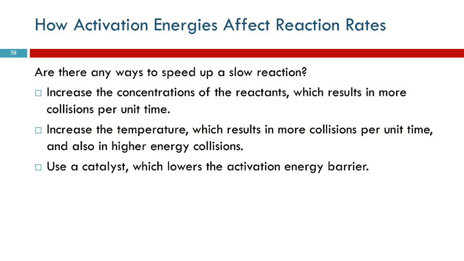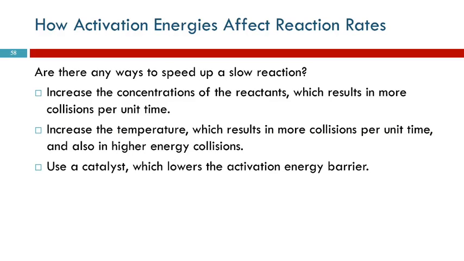Well, if we have a slow reaction, is there anything we can do to make it happen faster? We're very impatient, right? And we want to make things happen faster. And sometimes it's not just us being impatient. There's valid reasons for that. Well, there's a couple of things that can be done. You can increase the concentrations of the reactants, because if you have a higher concentration of reactants, you're going to have more collisions, right?